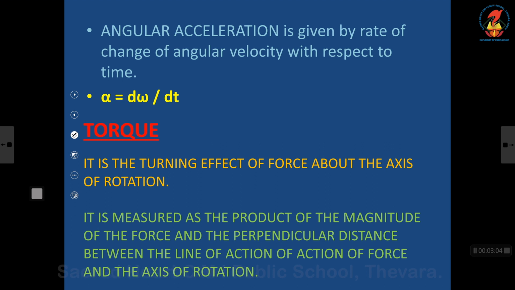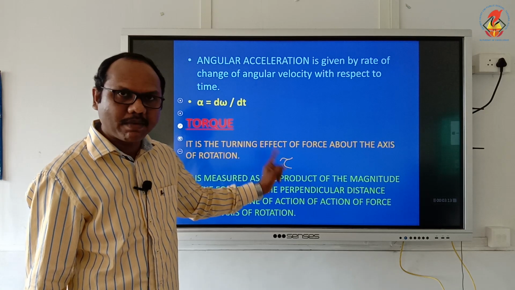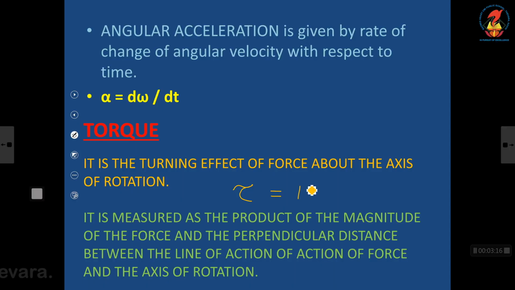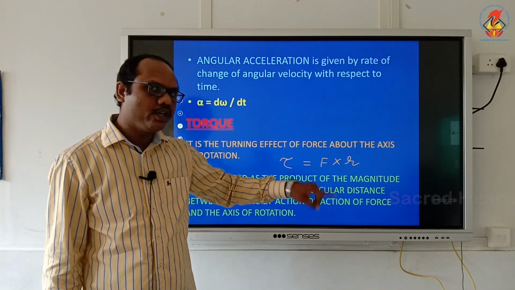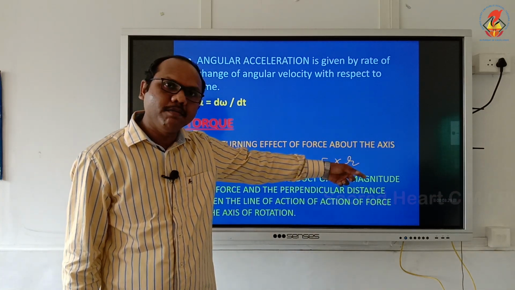Torque is written by a letter called tau. Tau is a Greek letter. So torque is represented by tau, which is force into perpendicular distance. So I write torque is equal to F into R. What is the SI unit of torque? Force is in Newton, R is in meter.